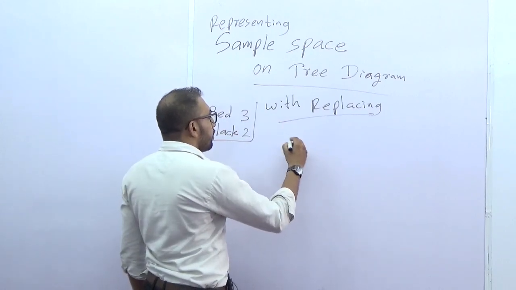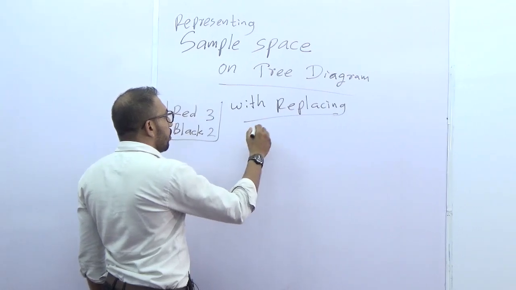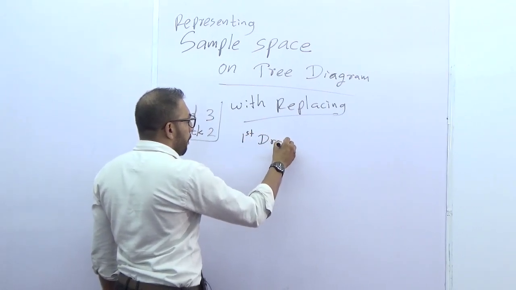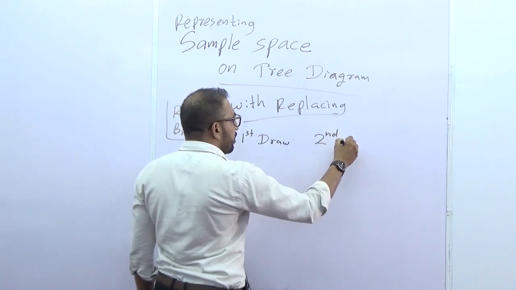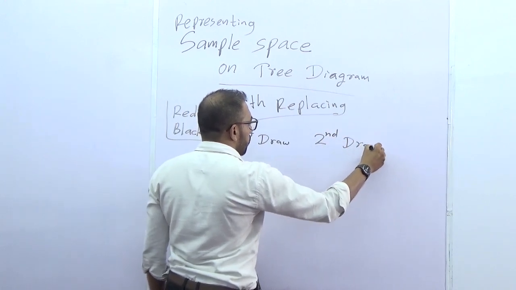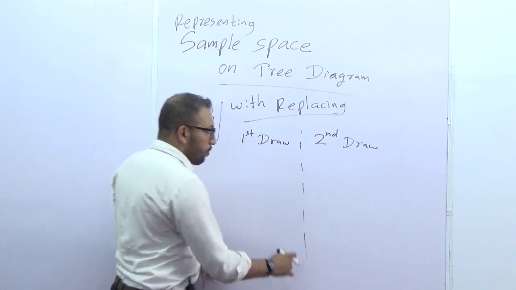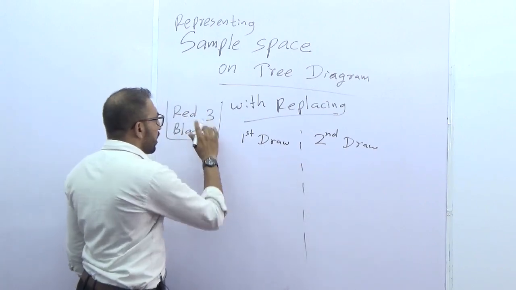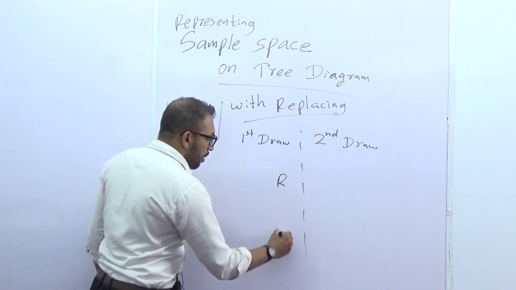With replacing, 2 pebbles are taken out, which means the first row and second row are like 2 columns. We have to separate into 2 columns. The first row results are red and black.